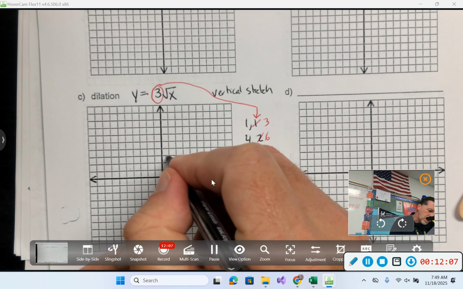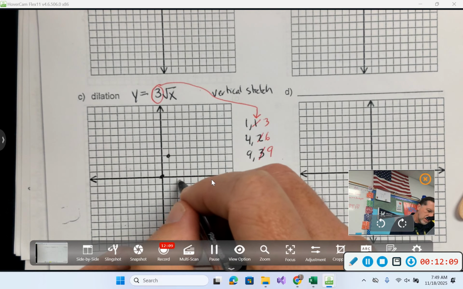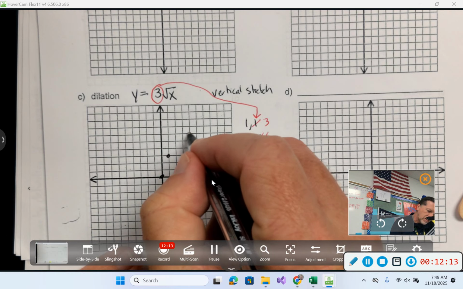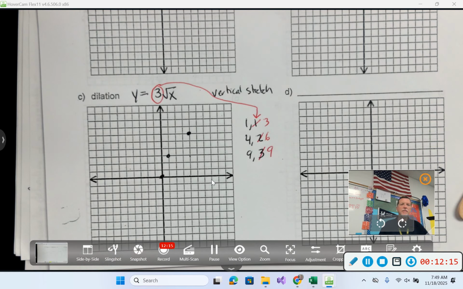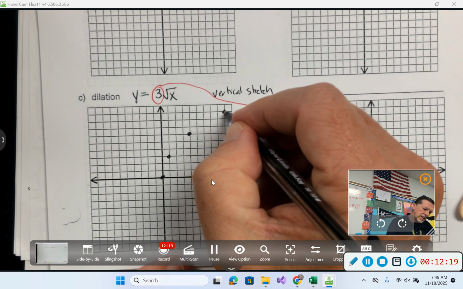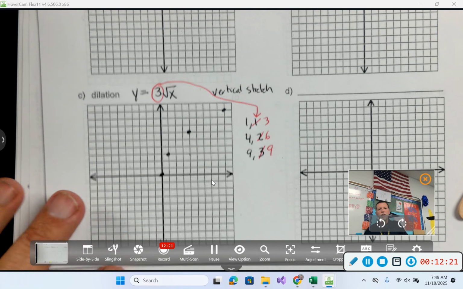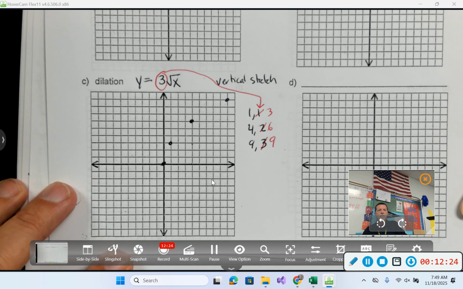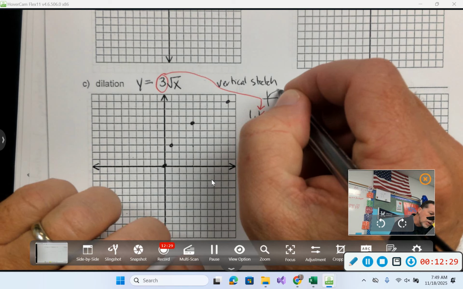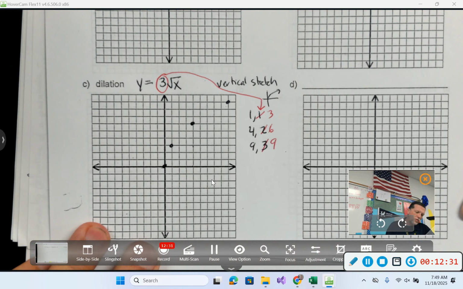So 1, 3, 4, 6, and 9, 9. So I can remember our basic shape of a square root, but this one's been stretched out.